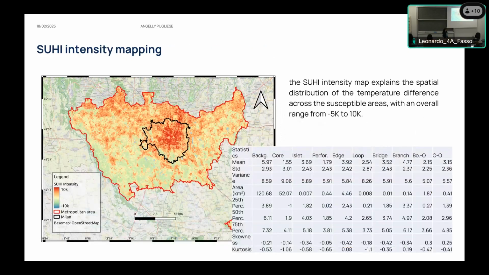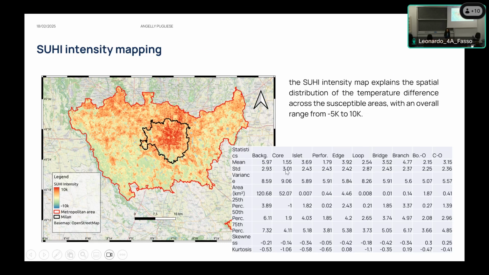So this is the result of the surface urban heat island intensity. Instead of providing just a characterization, in this case we have data that is varying spatially, ranging from minus 10 to 10, with the areas at the reference temperature in yellow. We can see that Milan, even in the center, has the highest surface urban heat island intensity.